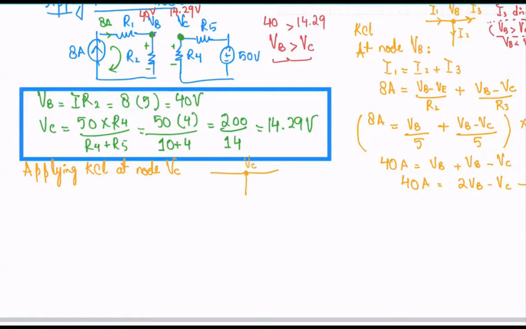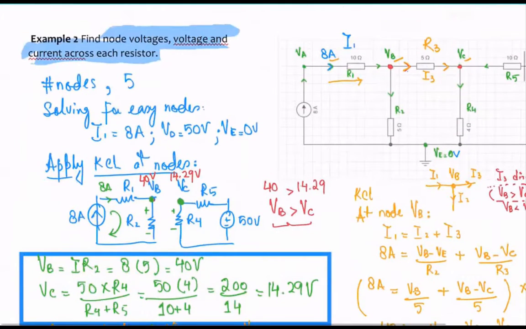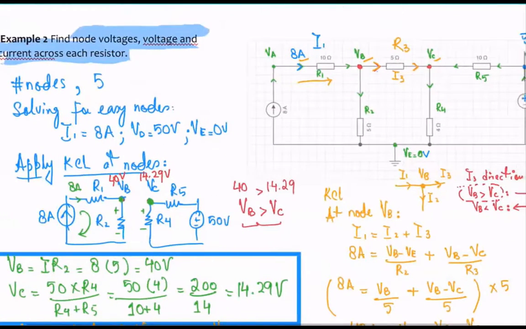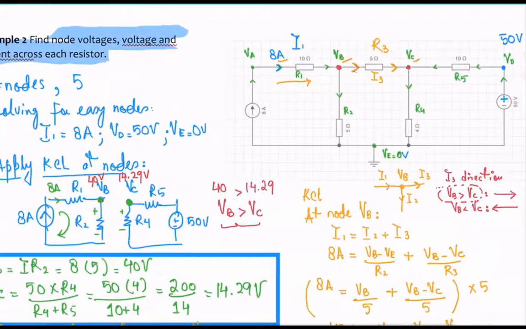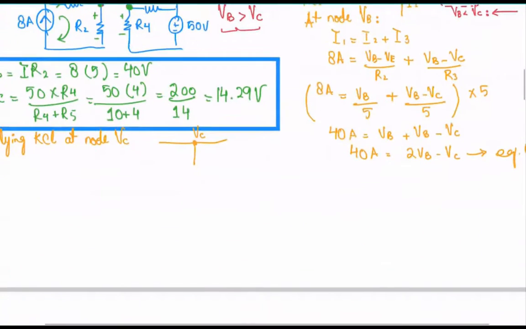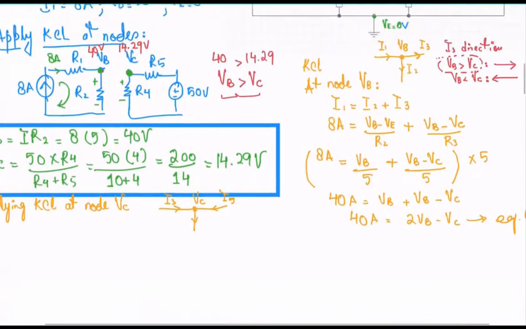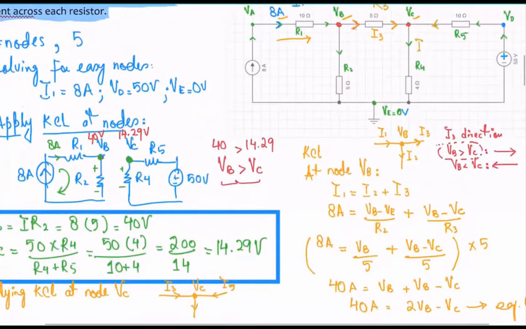Remember, this is your VC node. The current entering is I3 and I5, and the current leaving is I4.